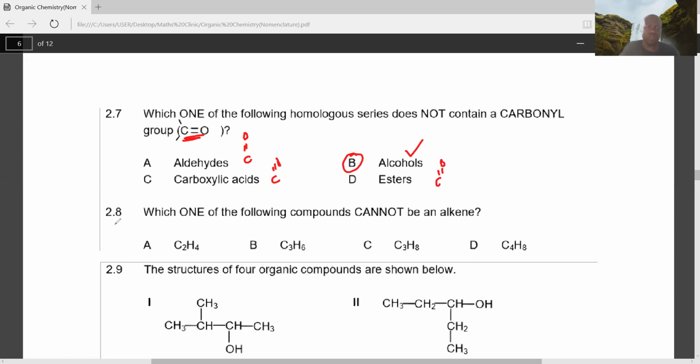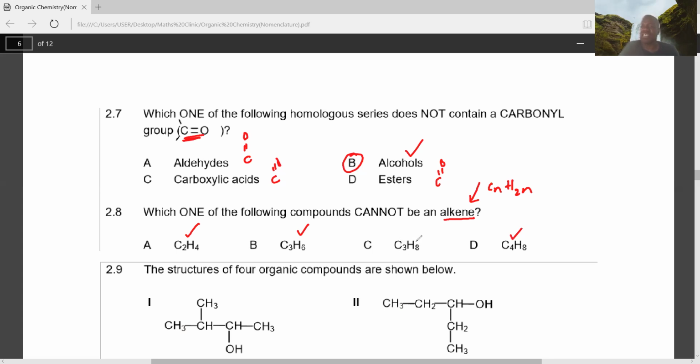2.8, which of the following compounds cannot be an alkene? Remember, what is the general formula of an alkene? CnH2n. So if it's 1 carbon, this should be 2. Let's check. 2 times 2, this can be an alkene. 3 times 2, this can be an alkene. 4 times 2, this can be an alkene. How about this? 3 times 2 is supposed to be 6, but this has 8.